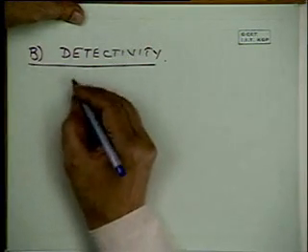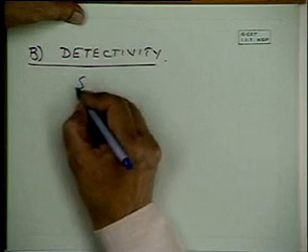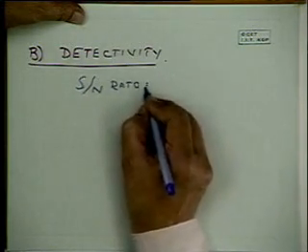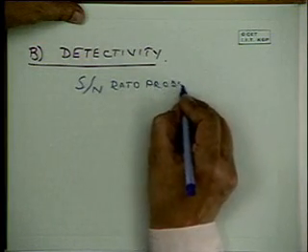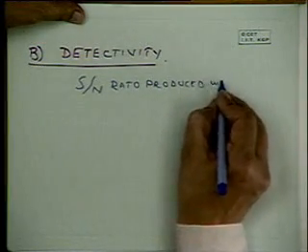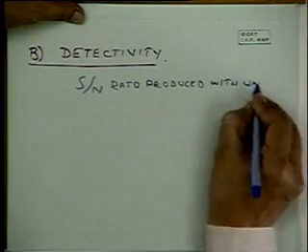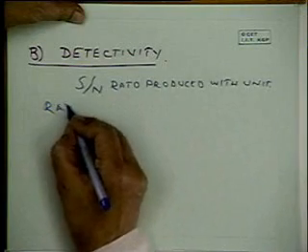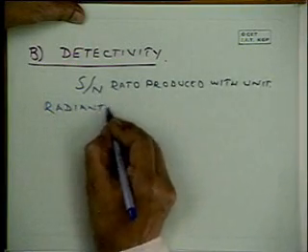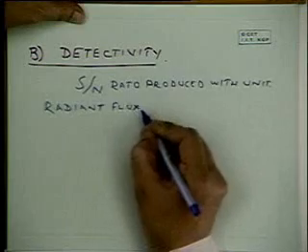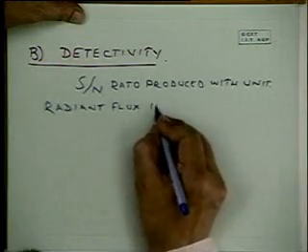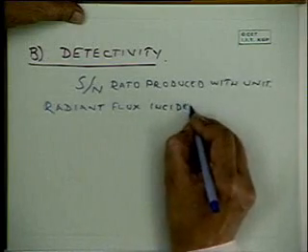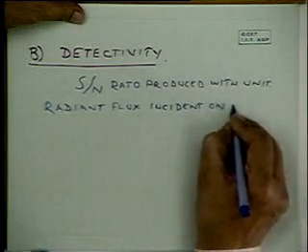Detectivity is defined as the signal to noise ratio produced with unit radiant flux incident on the detector.